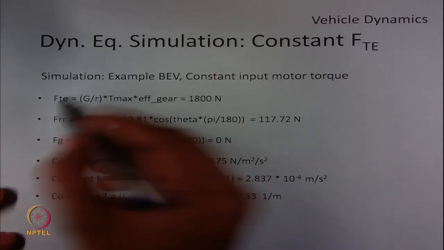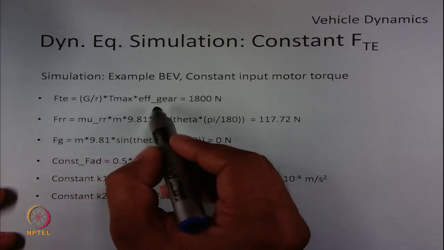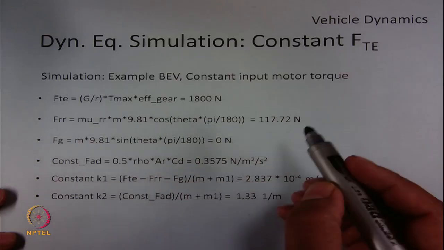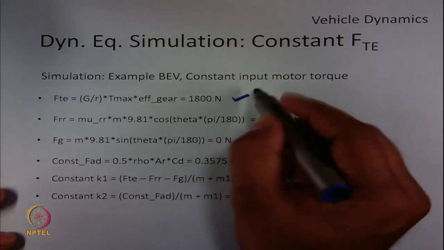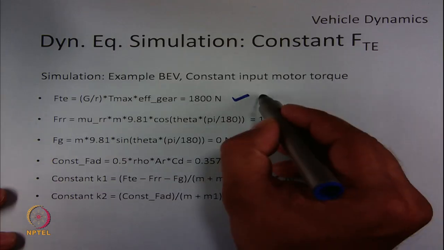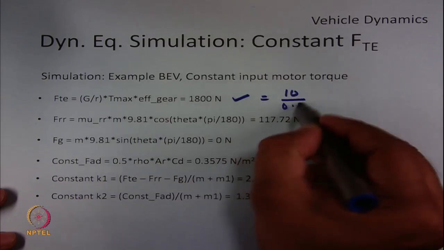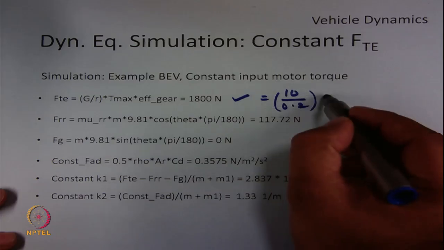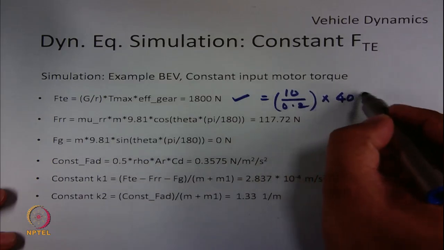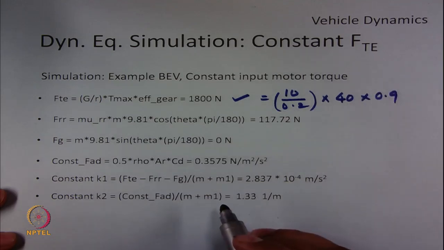So, with the parameters of the given vehicle, we can estimate the value of tractive effort force as G by R into T max into efficiency of the gear. So, it will come out to be 1800 Newton. So, it is basically 10 by 0.2 into 40 into 0.9.